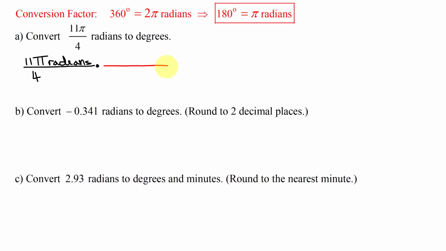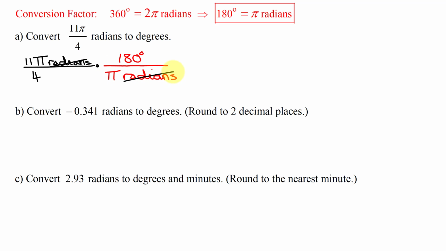How do you decide which one goes where? If I have radians in the numerator, I must put radians in the denominator so they will reduce when I simplify. So I'm going to have to put pi radians in the denominator, which means I need 180 degrees in the numerator. Now I'm ready to simplify.